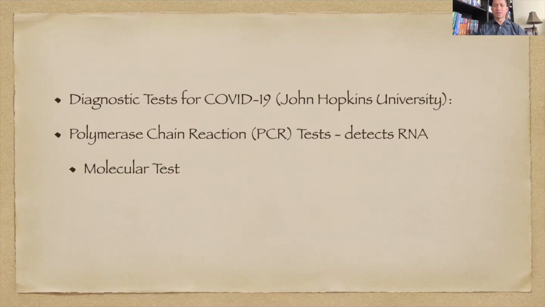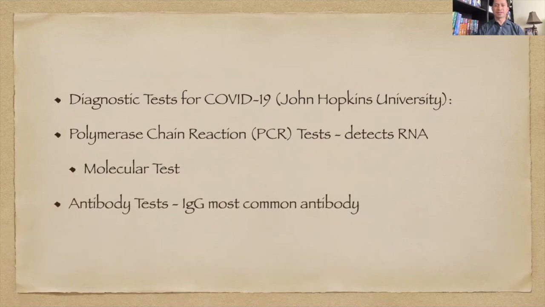The other test is called the, by the way, the PCR test is also called molecular test. So sometimes they interchange the name. PCR, polymerase chain reaction, or molecular test is the same. The second test for coronavirus, according to Johns Hopkins University, is the antibody test. The antibody test is a blood draw. IgG, or immunoglobulin G, is the most common antibody found on that blood draw.